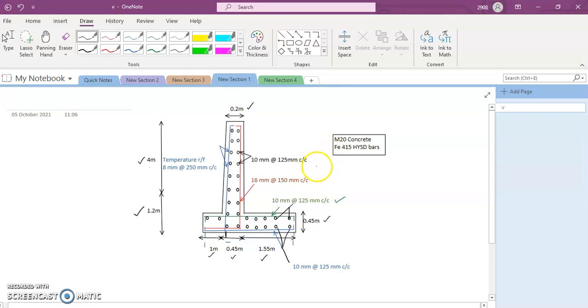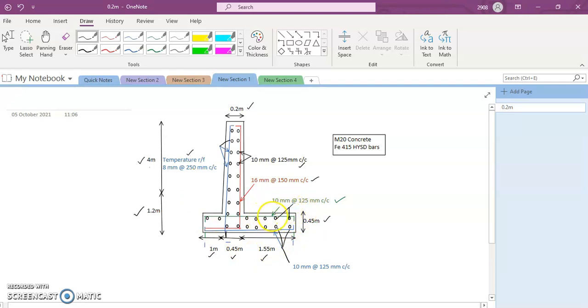Then we move on to the reinforcement. So we have 16 mm at 150 mm center to center in the stem. The distribution is 10 mm at 125 mm center to center. This reinforcement is on the inner face of the wall. On the outer face, to take care of the temperature changes, we have bars in both the directions. Okay, so the dotted lines as well as the dots here are 8 mm at 250 mm center to center. Coming to the base slab, we designed the heel slab and the toe slab.